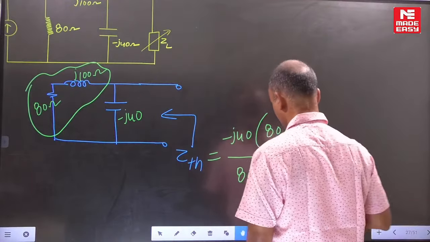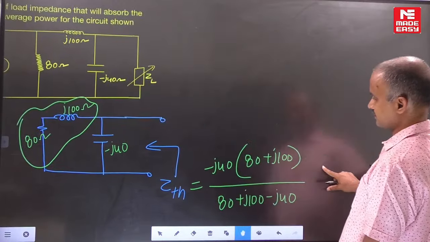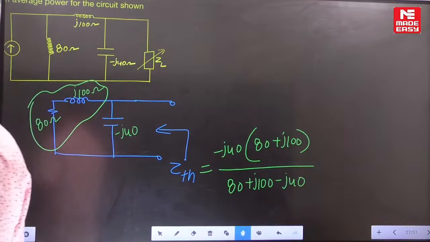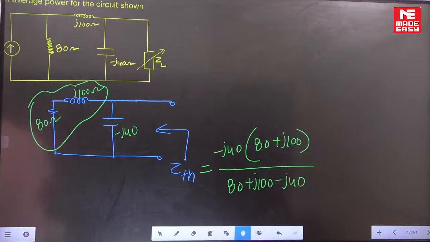By simplifying this, can you find the Z Thevenin's value?